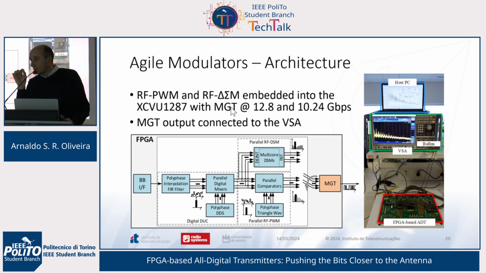So every sequential sample of the signal is applied to a different phase of the up converter, and then we have a polyphase DDS that has a representation of the carrier frequency in multiple phases. Then we placed the multi-core delta sigma modulators and also the implementation of PWM, and we are able to switch in our test bed from one modulator to the other in order to get the results.